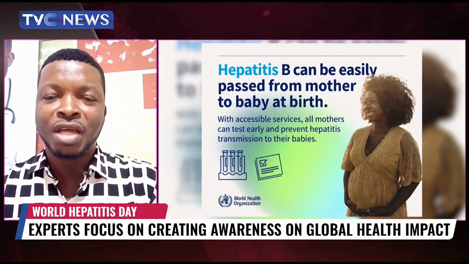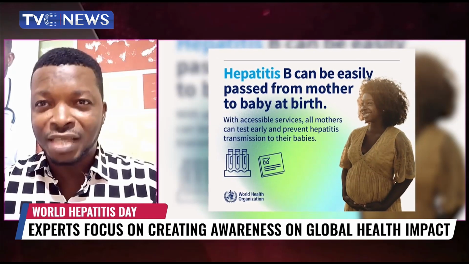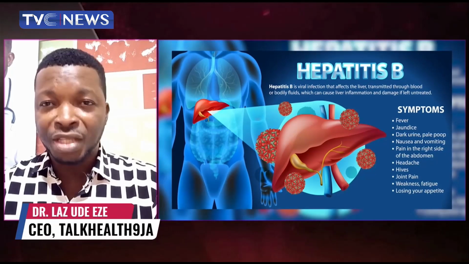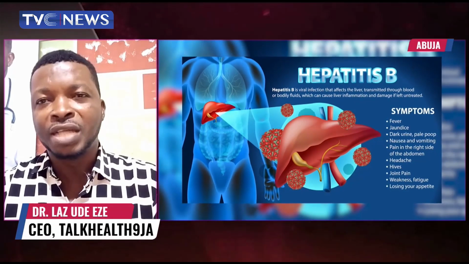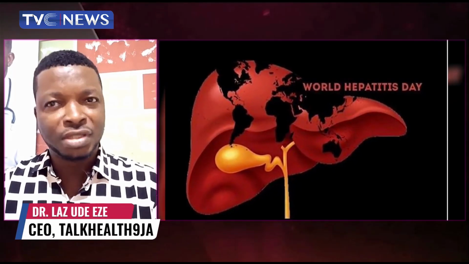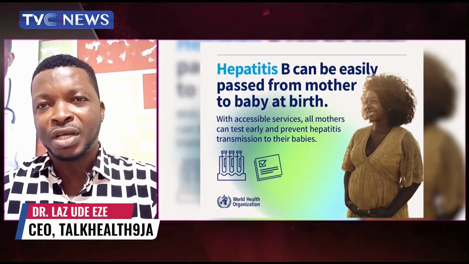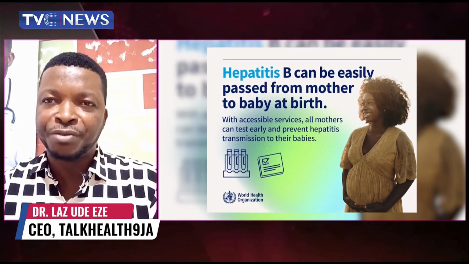But hepatitis B and C could be transmitted through blood and body fluids, and hepatitis B could be transmitted through unprotected sex, and it can also be passed from a pregnant mother to a baby during childbirth. So their severity also differs when they infect the liver.